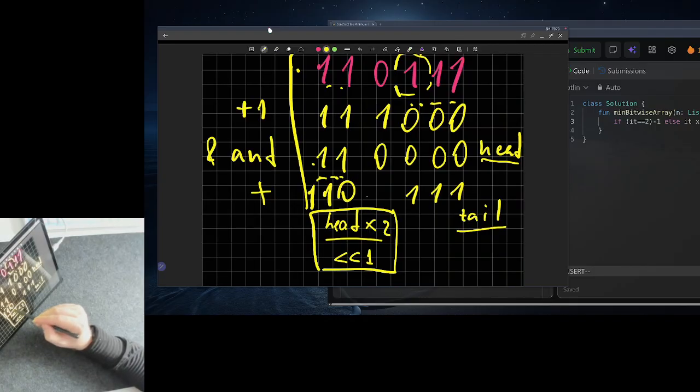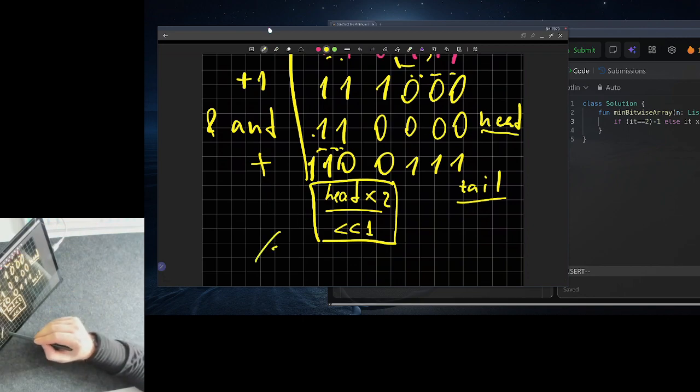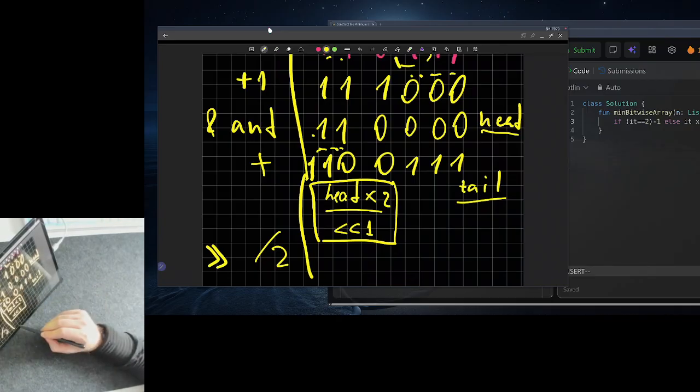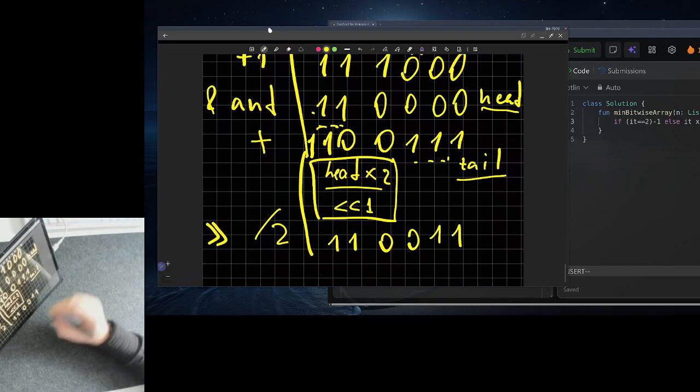We shifted left, and this is 0. And now we just shift right by 1 or divide by 2, so 2 zeros in the middle and 2 ones left. So this is the answer.